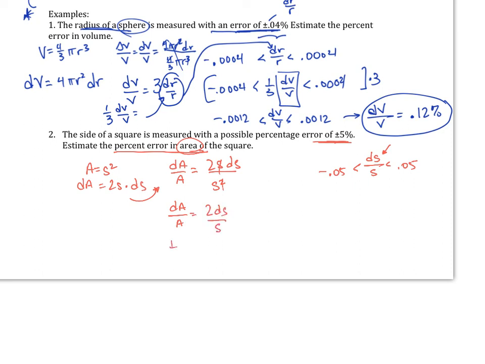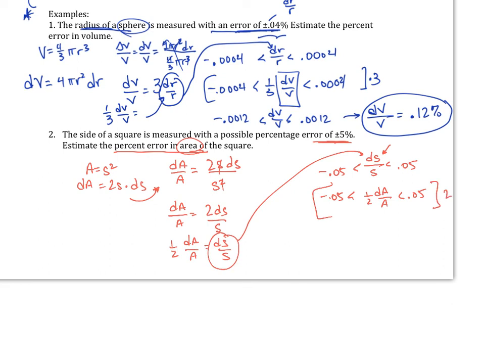Well, what happens here? That's going to be 1/2 dA over A equals ds over s, and I will put that in here. So negative 0.005 less than 1/2 dA over A, because I just substituted this value in right there, less than 0.005. Now I multiply everything by 2, and I'll get negative 0.01 less than dA over A, less than 0.01.